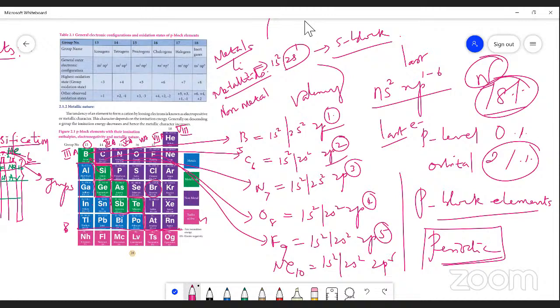Such a very important element is oxygen. Nitrogen is also a very important element because life originated from nitrogen. We have studied in botany and zoology what the nitrogen cycle is. So this concept is very important for learning P block elements. All P block elements are very essential; these are called living elements.